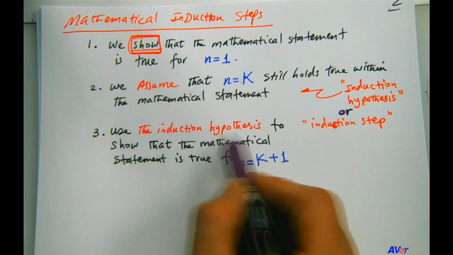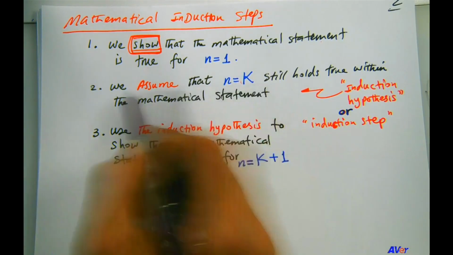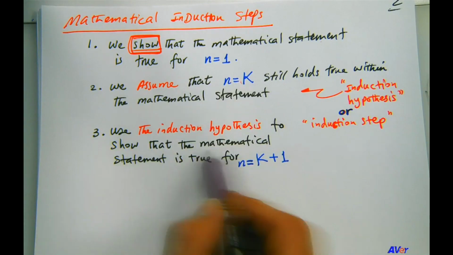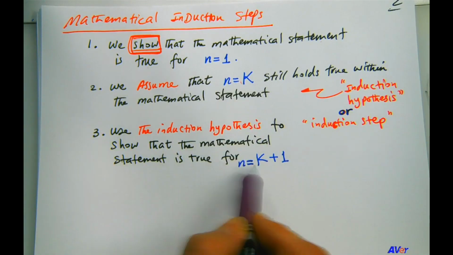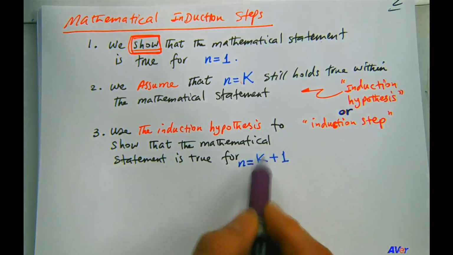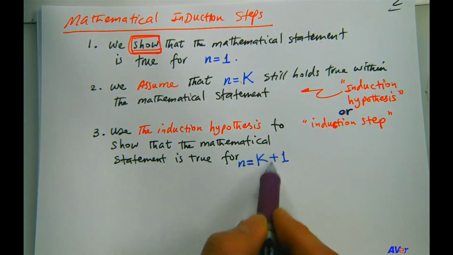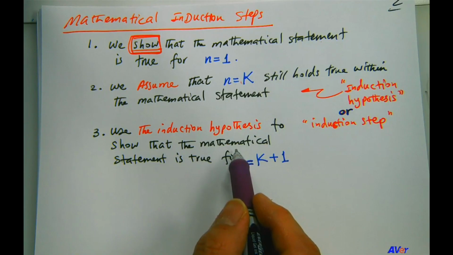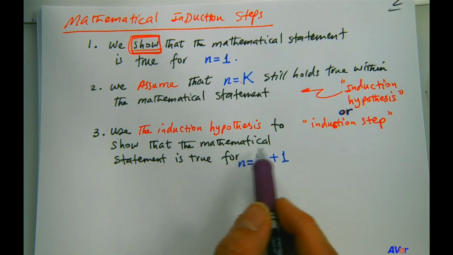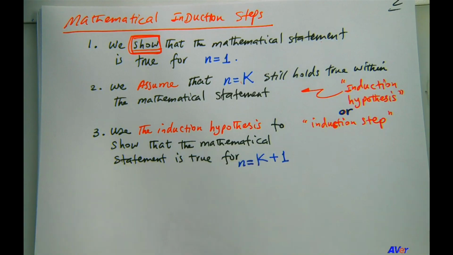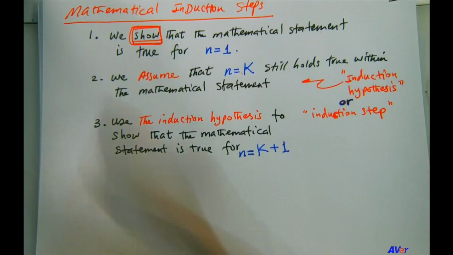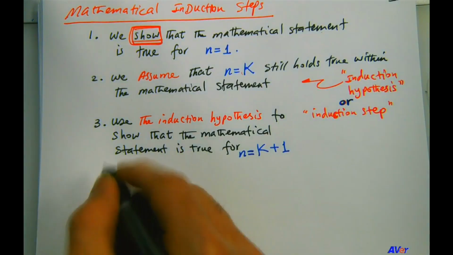Then the induction hypothesis, which is that step number 2, we use that to show that the mathematical statement is true for k plus 1, which is we plug for n with k plus 1 and show that both sides of the equation are true. And if we could do that, then that is basically the proof in the mathematical induction.